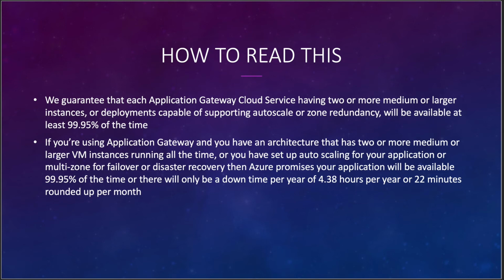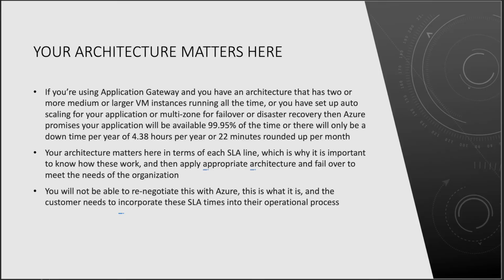If you don't meet this very specific set of requirements, they're not going to give you any guarantees of service, right? Because this is how it works. So your architecture really matters when you're working with your SLAs and the whole process along the way. Every line in the tabular data gives you a different standard for what they'll meet for a different system. So you're not going to be able to renegotiate this. Azure is just going to say, hey, this is take it or leave it.